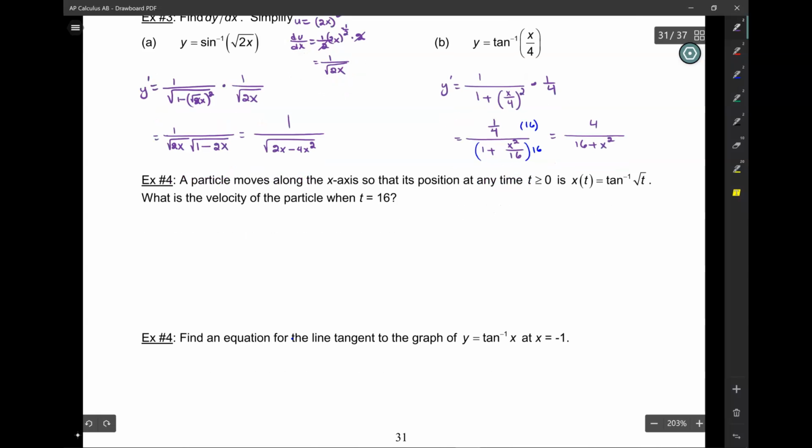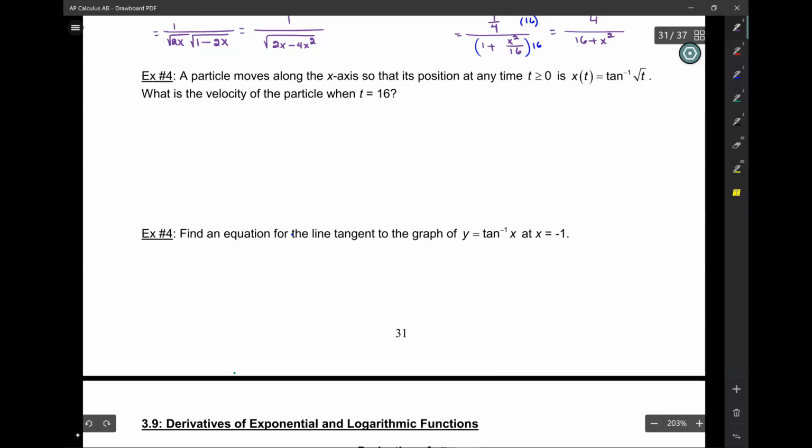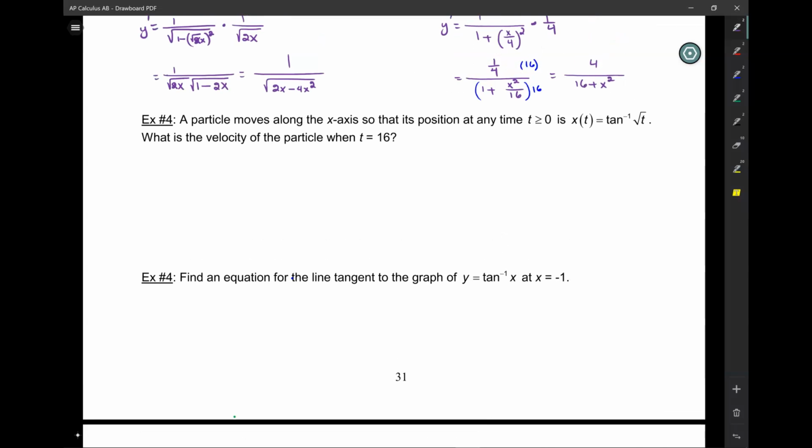Okay. So, and of course, it's nothing if there is not a particle motion problem, right? So a particle moves along the x-axis so that its position at any time t greater than 0 is inverse tangent of square root of t. What is the velocity of the particle when t is 16? Okay, so v of t, first of all, is x prime of t.